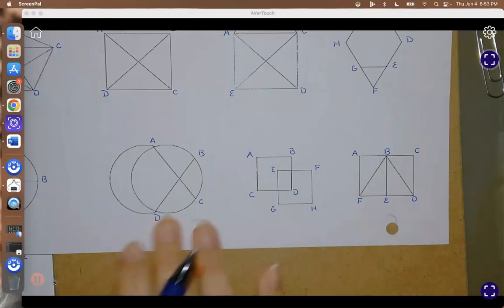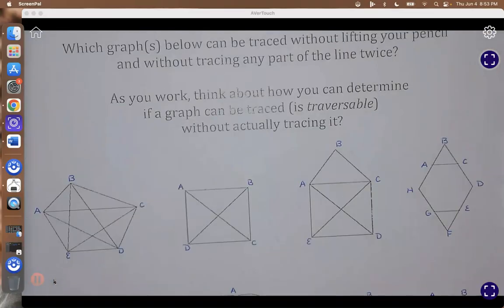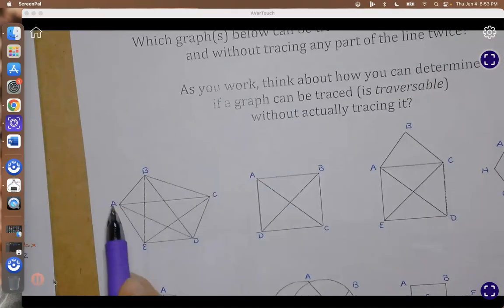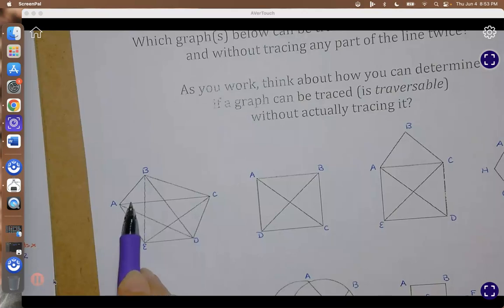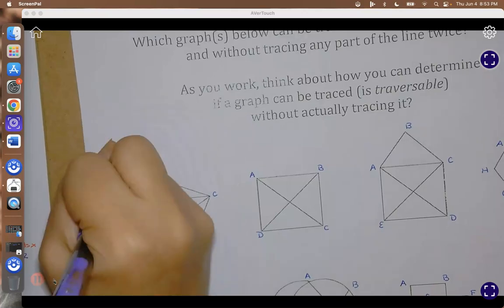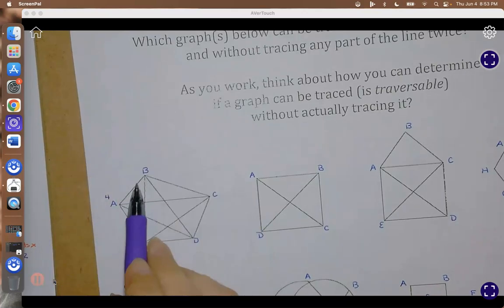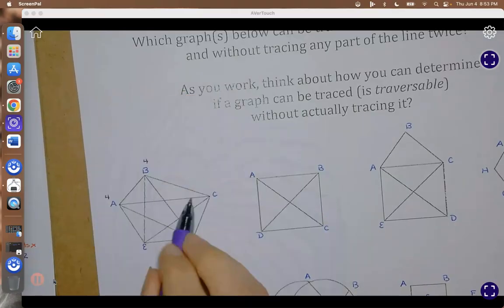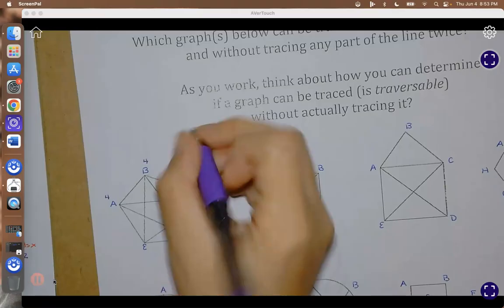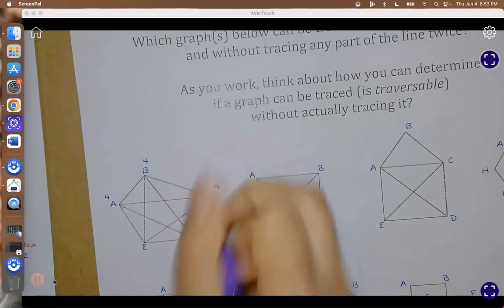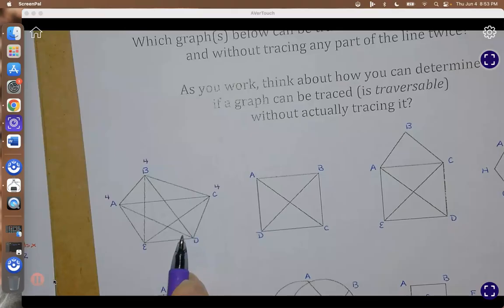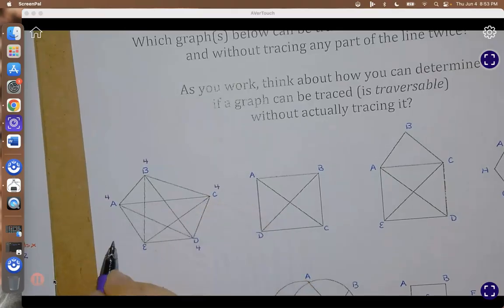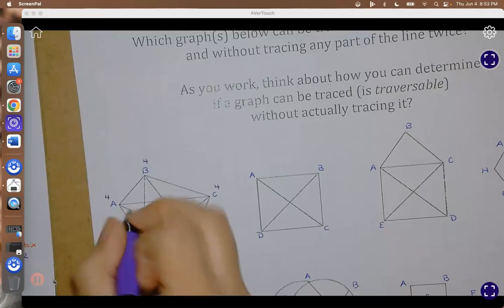All right, now we just count. I'm going to use my purple pen to put the number of lines coming out of each vertex. A has 4, B has 4, C has 4, D has 4, E has 4.